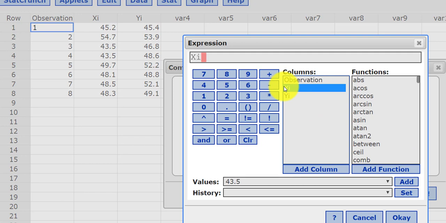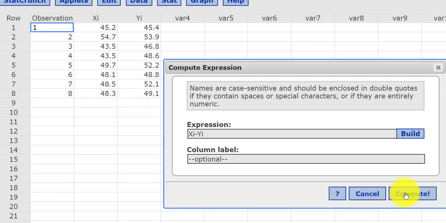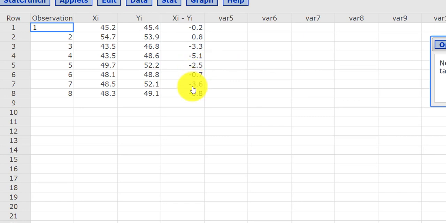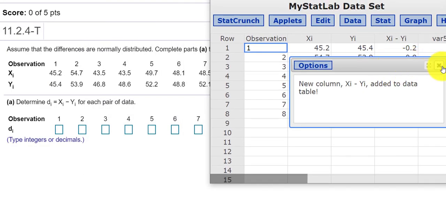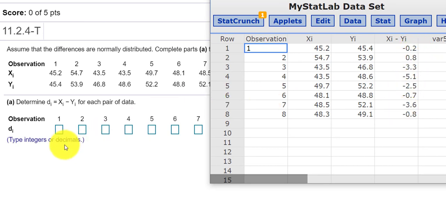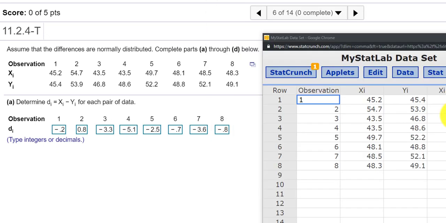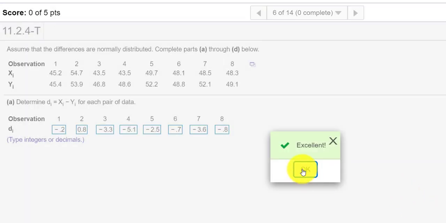So we'll do xi, I double click it, minus yi, double click it, press OK, press compute, and there's my difference. So I have to type these values into here, which I'll do in a moment. So I've transferred this difference column into here. I press check answer, and we get the excellent.